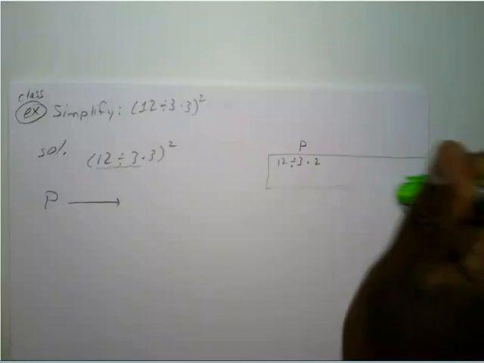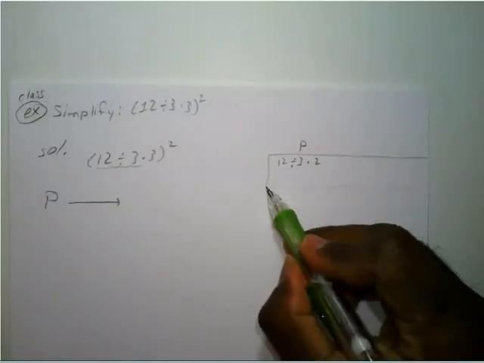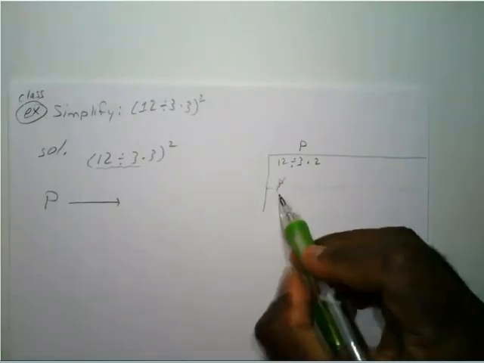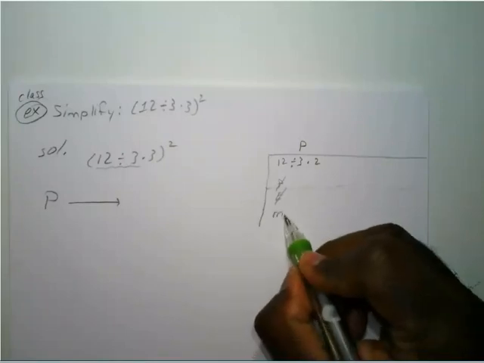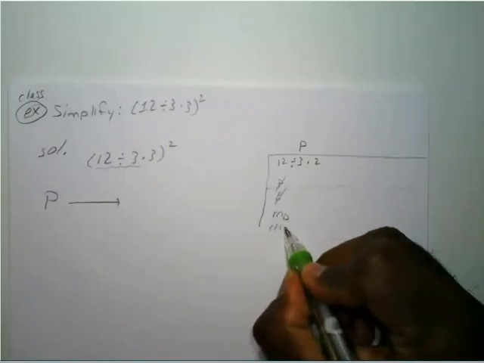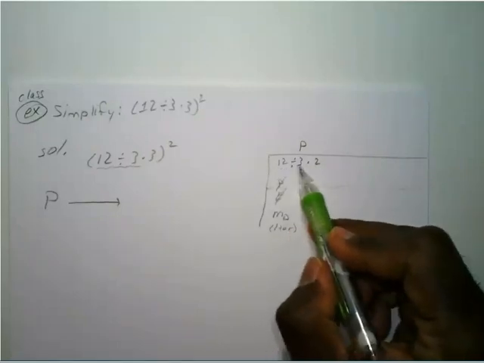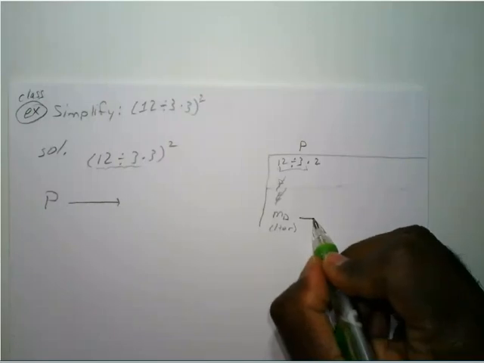Now, inside your parentheses, once again, you follow PEMDAS again. So inside the parentheses, you don't have any additional parentheses. You don't have any exponents. But you have multiplication and division from left to right. So going from left to right, you have 12 divided by 3. 12 divided by 3 is 4.